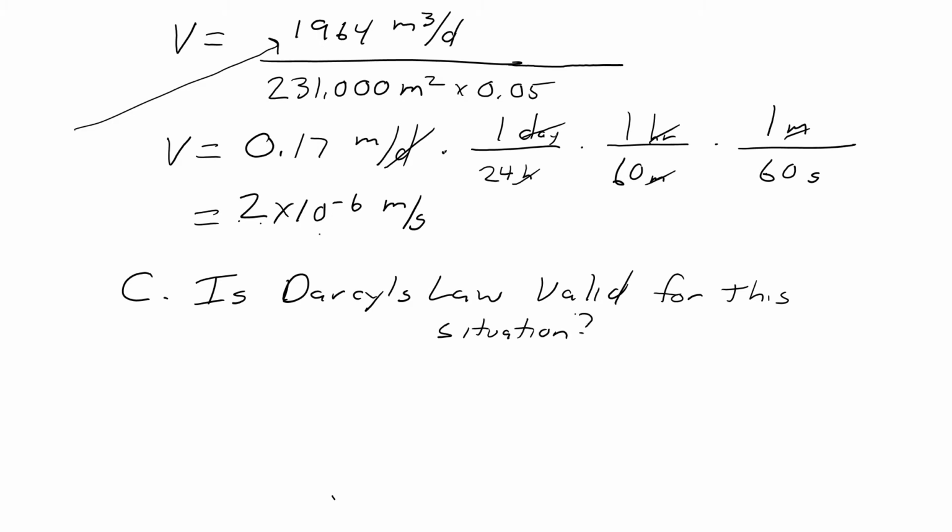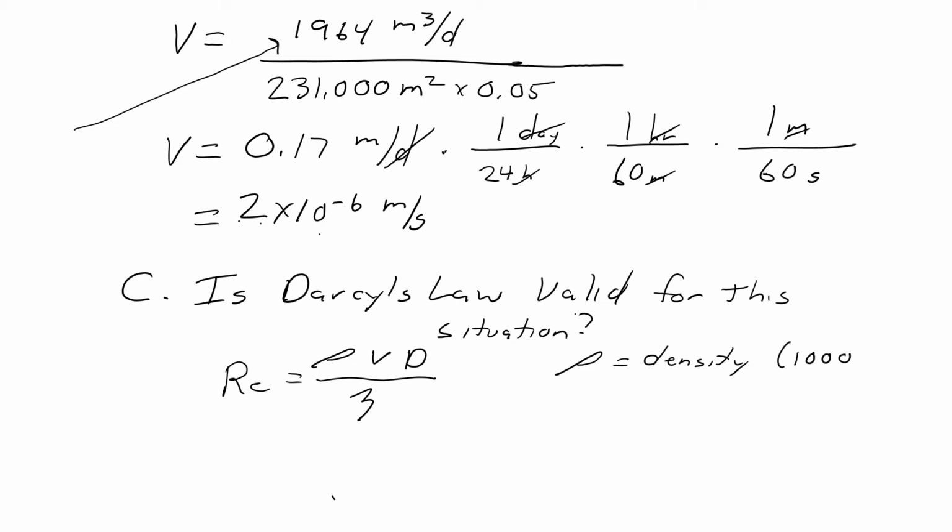Now remember, we use something called the Reynolds number, which is rho, the density of water, times the velocity of water, times d, over viscosity. So again, rho equals density. Density for water we typically use as 1,000 kilograms per meter cubed.